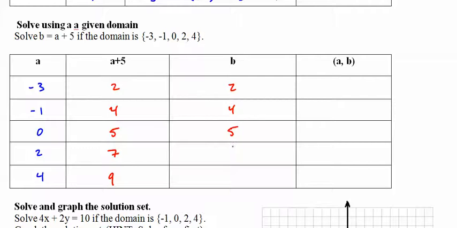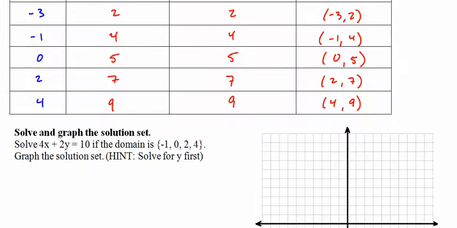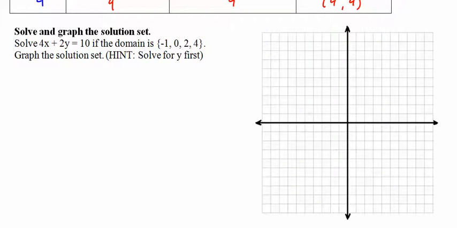Just teaching you how to use the whole y equals mx plus b thing. And the ordered pairs would be (-3, 2), (-1, 4), (0, 5), (2, 7), (4, 9). So, get used to knocking data around. It's what you do in math and science and business. You got to do all this.